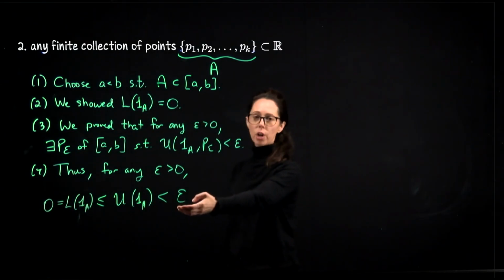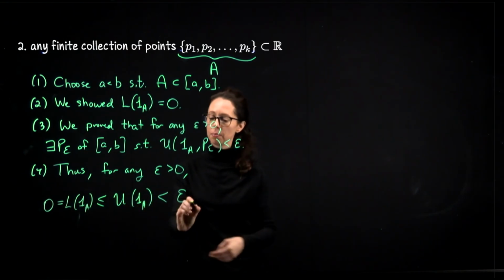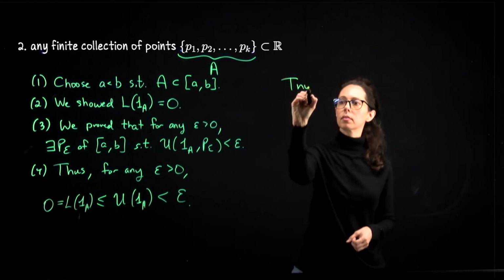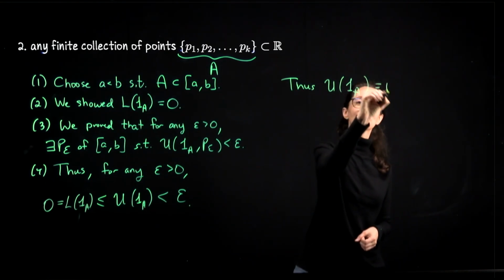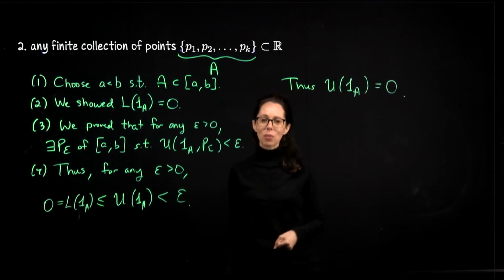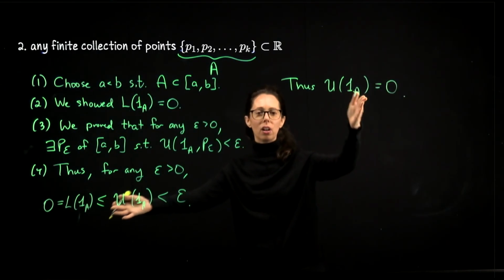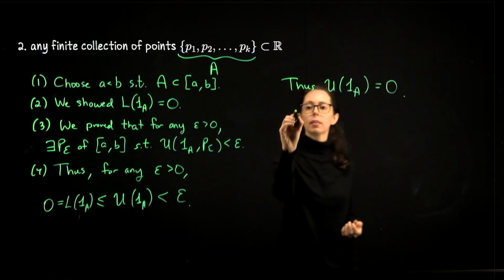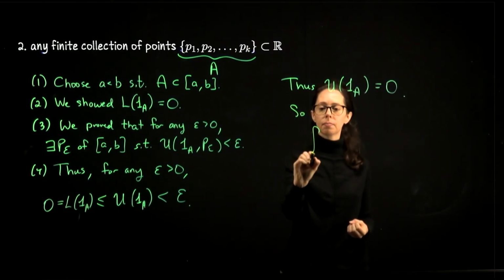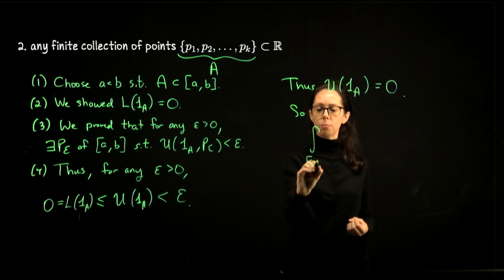So since epsilon is arbitrarily small, that must mean that this upper integral is 0. So once again, we have shown directly that the upper integral and lower integral have the same value. Their value is 0. So I'll write over a to b.